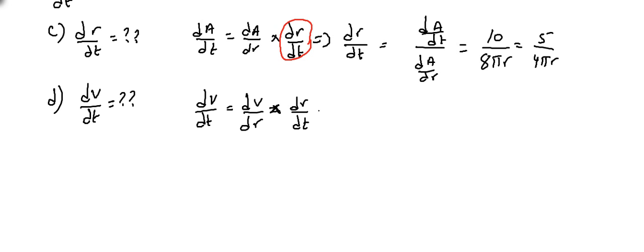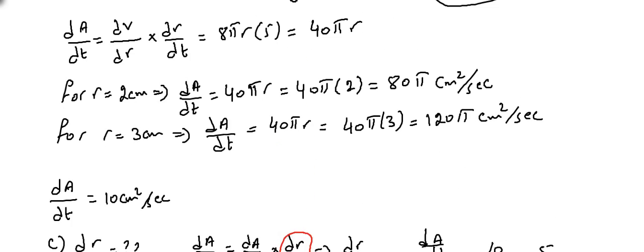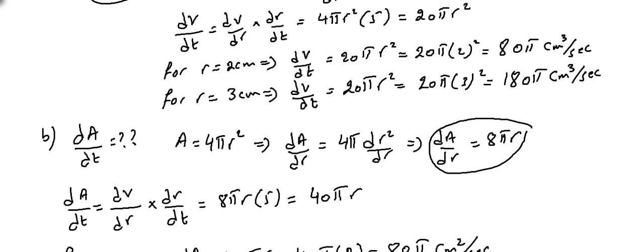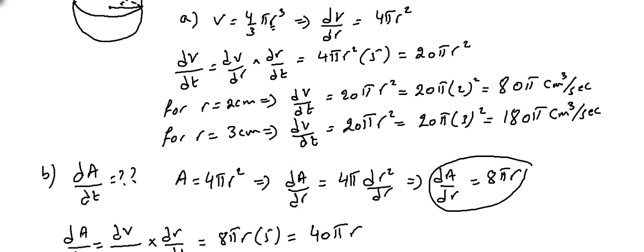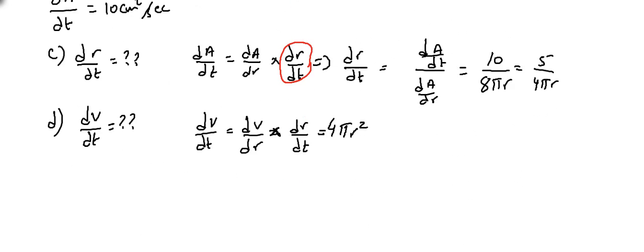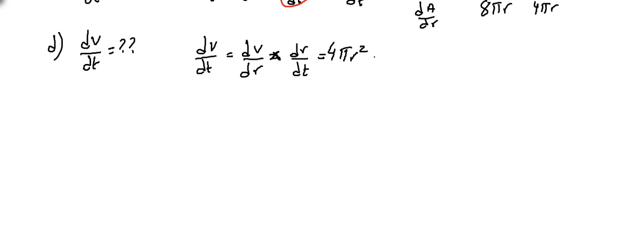This implies dV/dt is equal to dV/dr, which is 4 pi r squared. It's the derivative of volume, which we found before, times dr/dt.